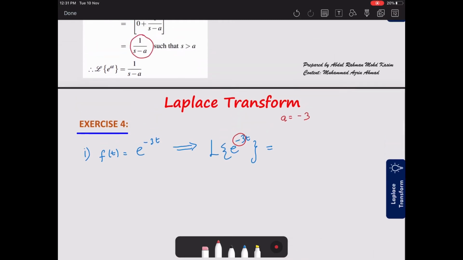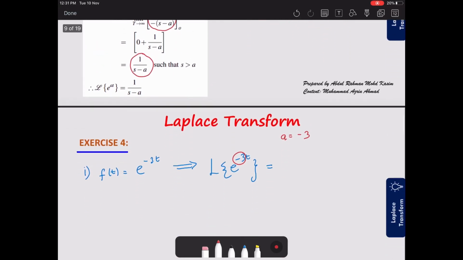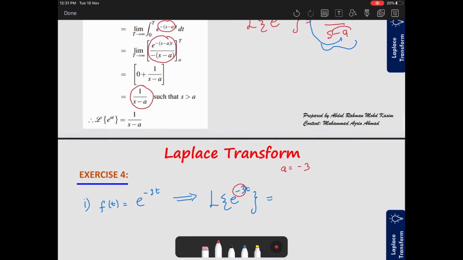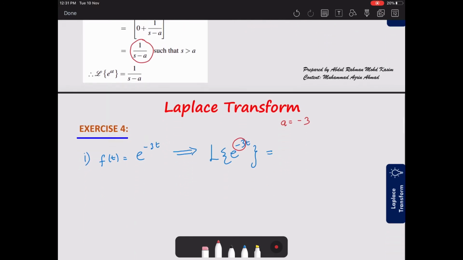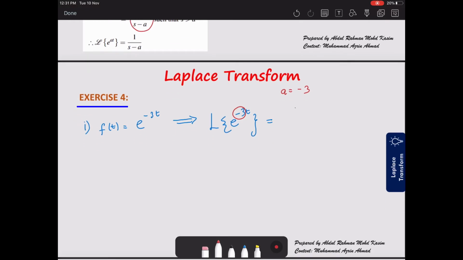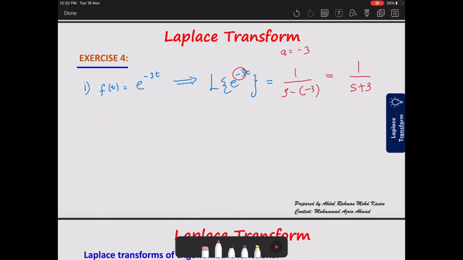So the answer: if you have a negative, then you have positive for this part, but if you have a positive, then you will have a negative. So here you have 1 over s minus minus 3, so you will have 1 over s plus 3.